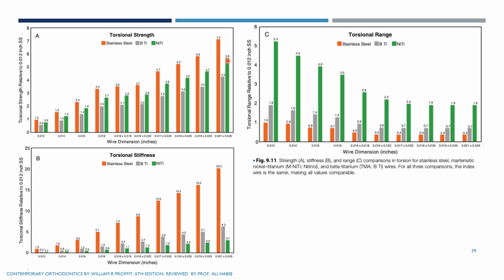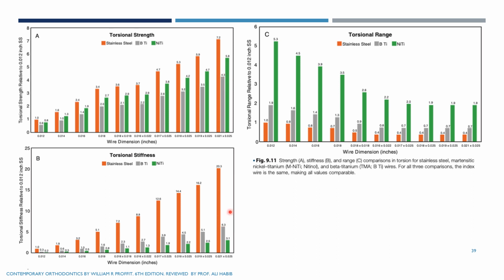and that of the M-Niti is around 6. So when you compare the two, you can tell that the M-Niti will have less chance of being permanently deformed when you twist it in the brackets, when you use it to torque a bracket. So the strength of it is higher than the beta titanium.